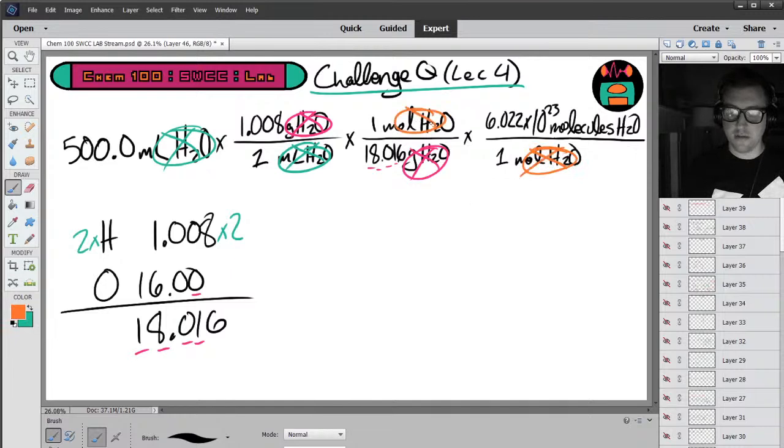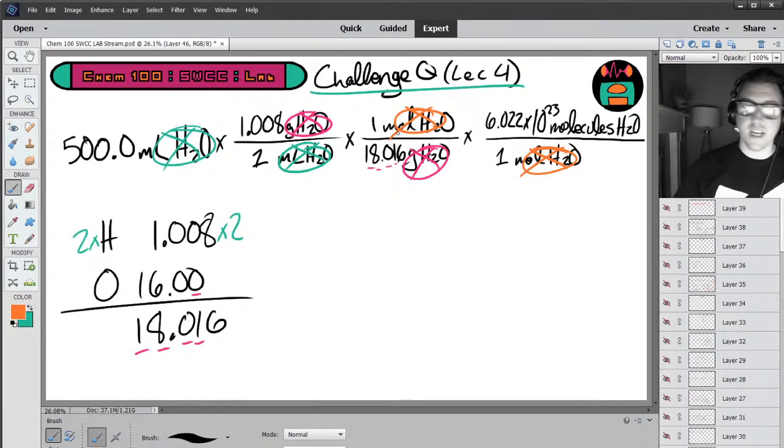Moles of water cancel. All right, so this is 500 times 1.008 divided by 18.016 times 6.022 times 10 to the 23rd.